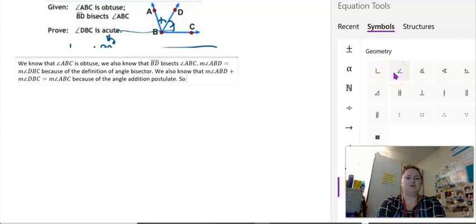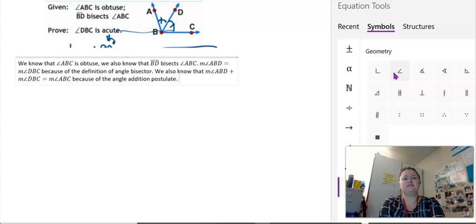So then you would say, so by substitution, we can say that the measure of angle ABC would have to equal, well, so this is where we would say the same thing again, but with substitution.